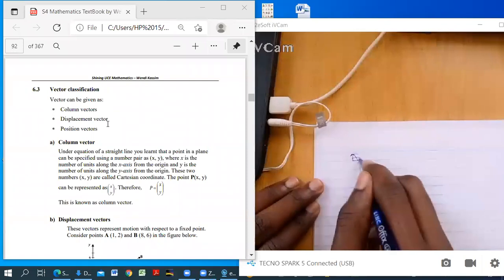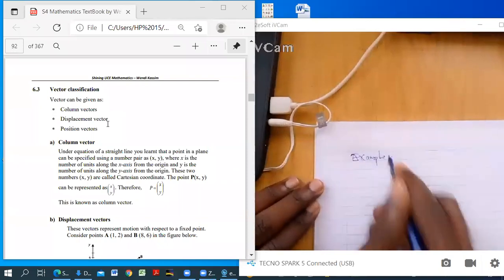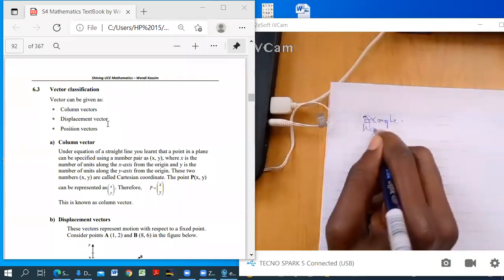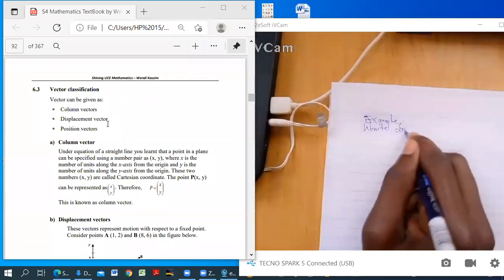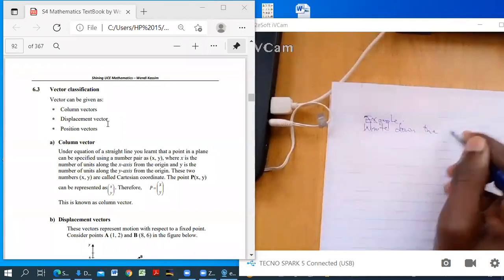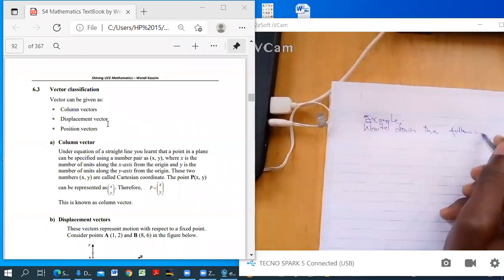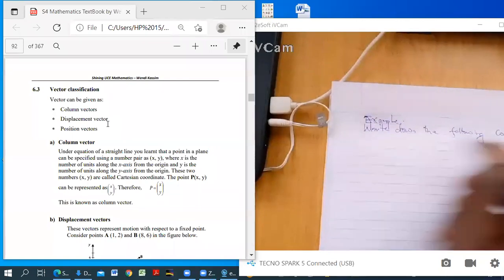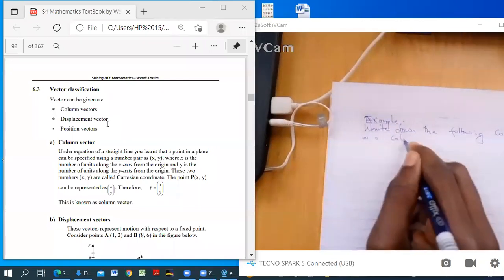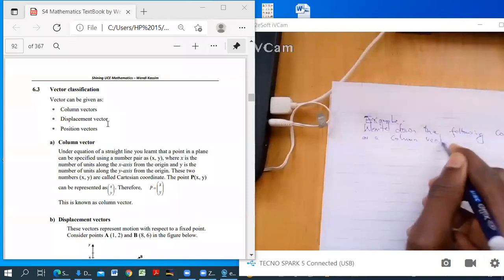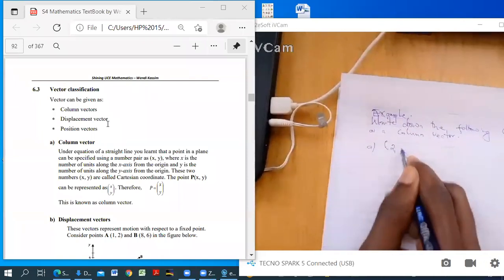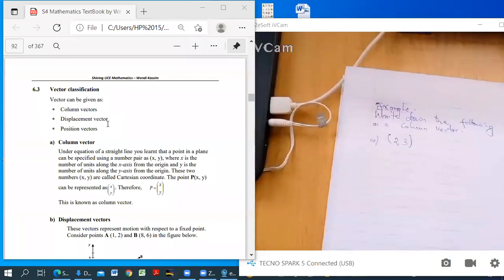Now, example. The question is: write down the following coordinates as a column vector. For example, if I have (2, 3), how are we going to write it in column vector?